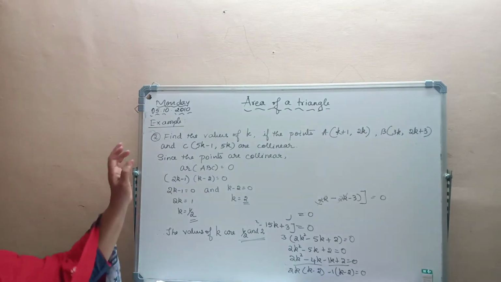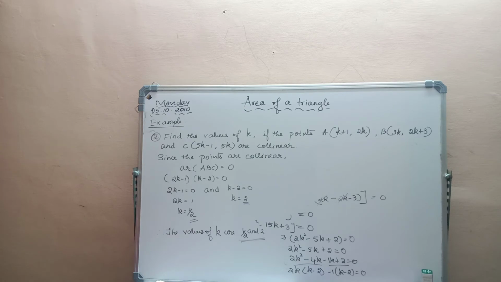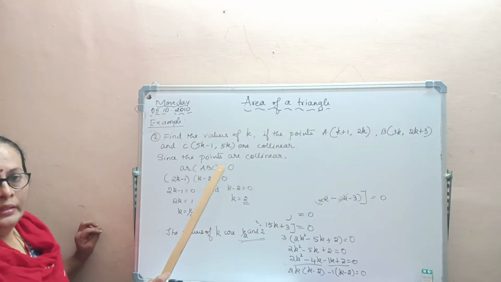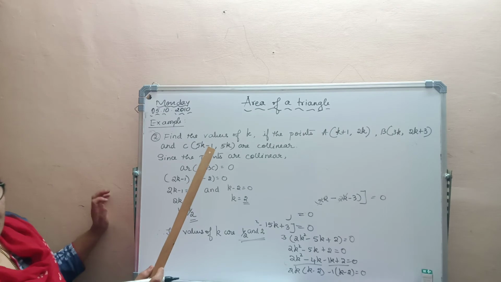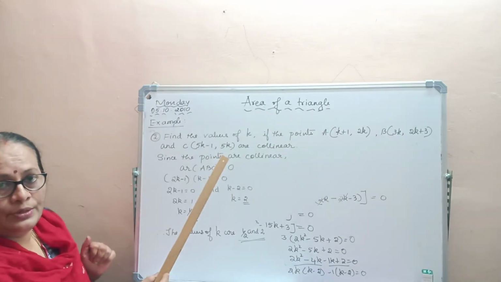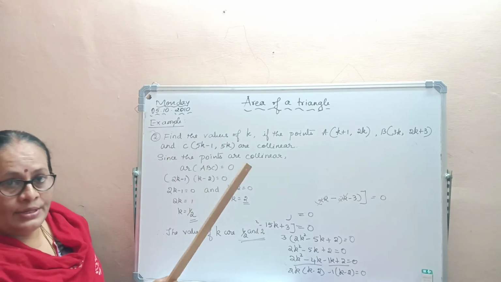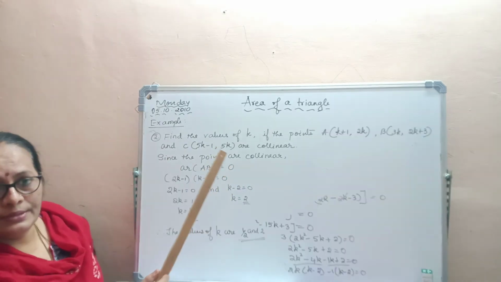So, the question is find the values of k if the points are collinear. So, apply the condition. When the points are collinear, area of triangle ABC is equal to 0. Then half into x1 into (y2 minus y3) plus x2 into (y3 minus y1) plus x3 into (y1 minus y2) equals 0.